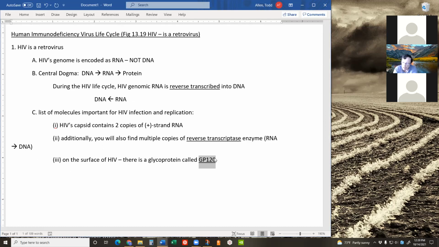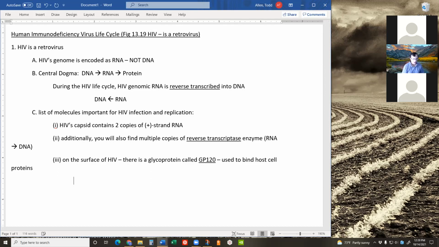GP120 is part of the viral anatomy, if you will. It sits on the outer surface of the virion particle, and GP120 is the molecule that the virus uses to grab onto molecules on the surface of the host cell. So GP120 is used to bind host cell proteins.